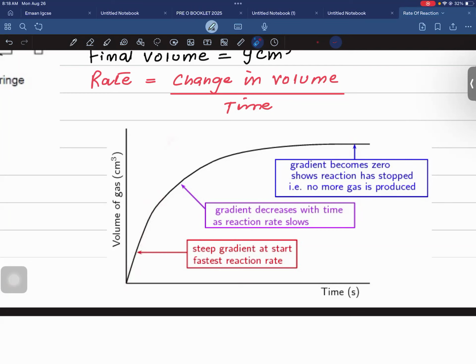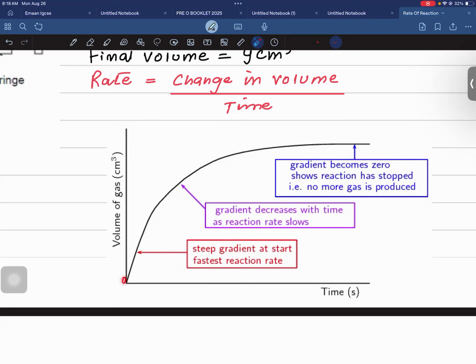And when the line goes like that, the time is changing but there is no change in volume. Let's suppose this is 0.8, and it is still 0.8, 0.8, 0.8. So obviously the rate of reaction is slower. I can say this is the less steeper line.